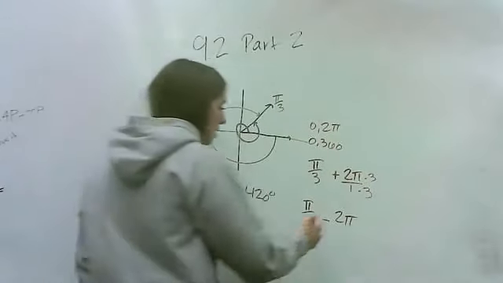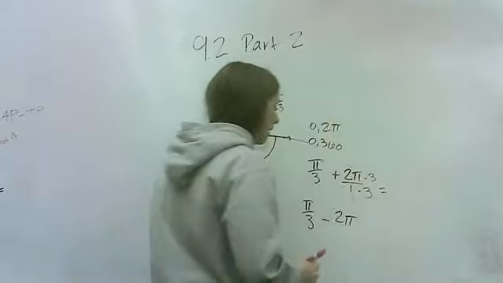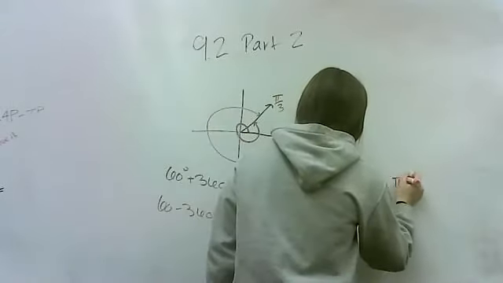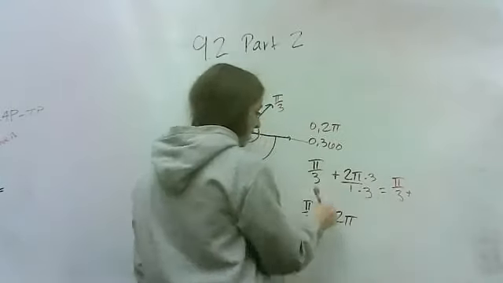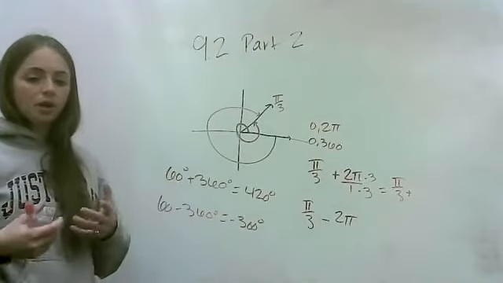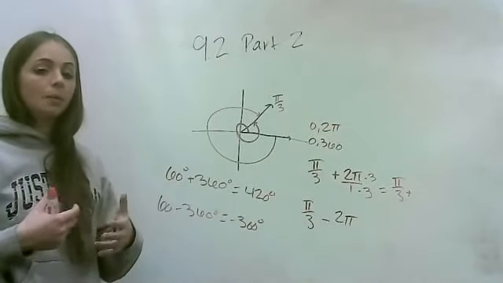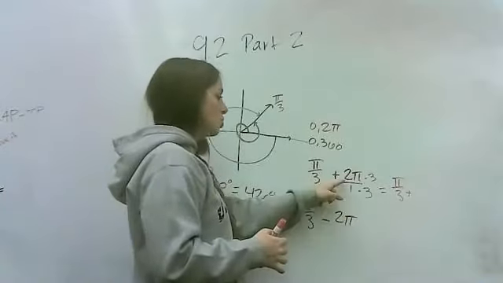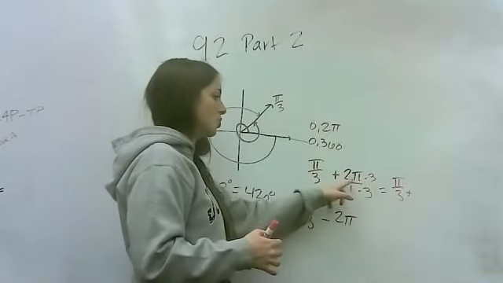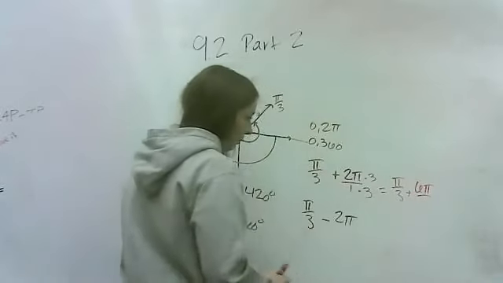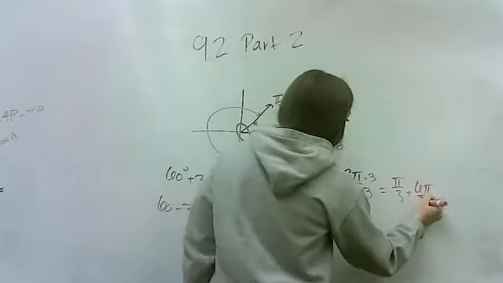My new addition that I have going on here, my new sum will be still pi over 3 plus, let's see, 2 pi times 3. So keep in mind, pi here is an irrational number being represented by a symbol. So you are multiplying still your like terms. So 2 pi times 3, we're multiplying 2 times 3, which is 6, and the pi follows suit after. 1 times 3 is 3.